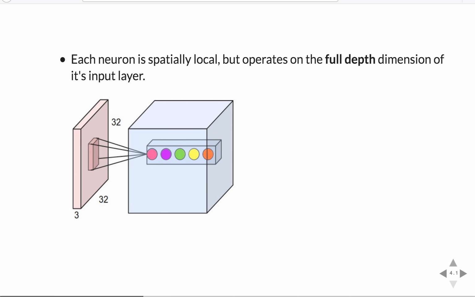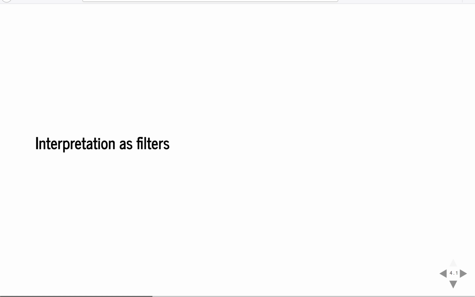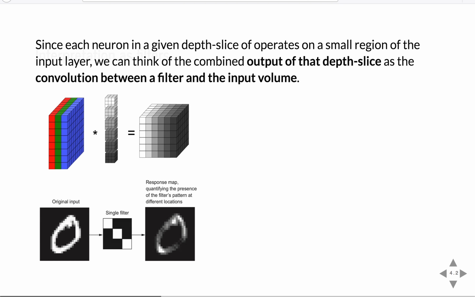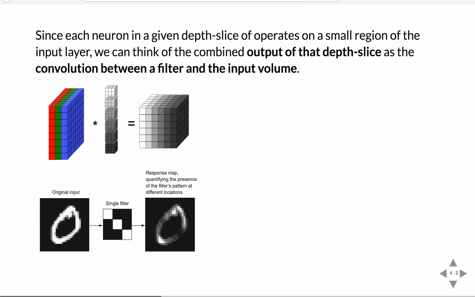Now let's interpret it as actual filters that do convolutions. Okay, so let's start with the bottom image here. The interpretation as a filter is this. If you think about this image, this is I guess a 28 by 28 image. This is a 3x3 filter, which has some kind of diagonal line.